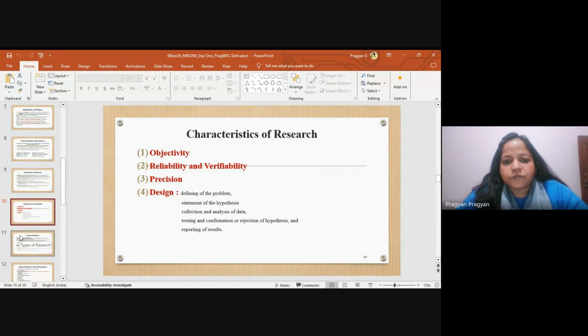Second, statement of the hypothesis. Statement of the hypothesis is basically all about the third characteristic that is written there on the slide, that is precision. Statement of the hypothesis has to be precise.